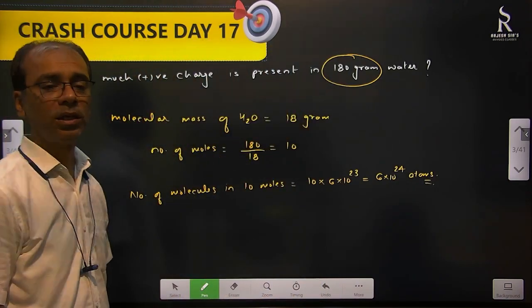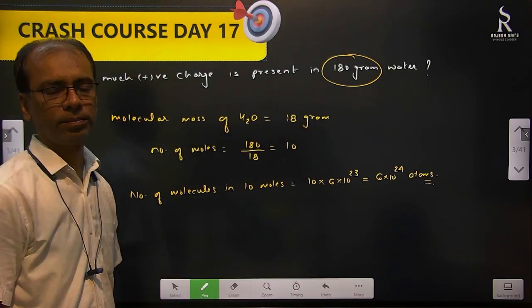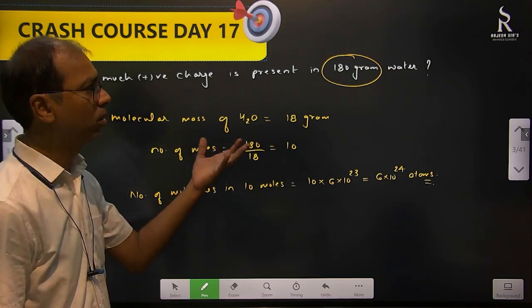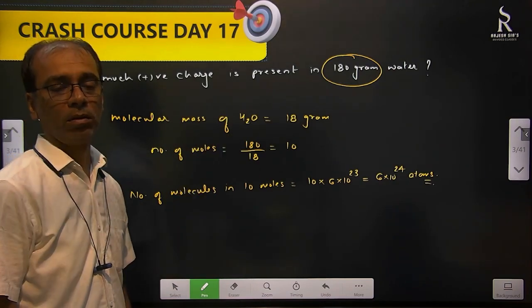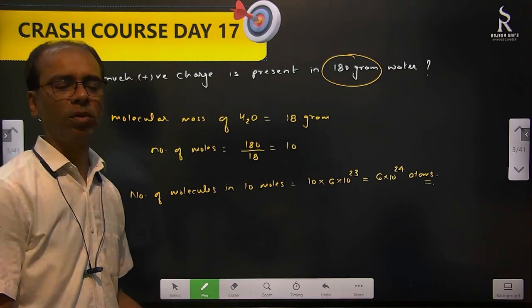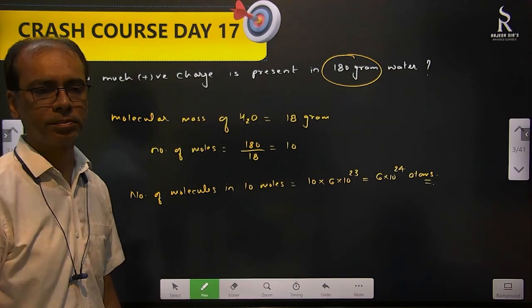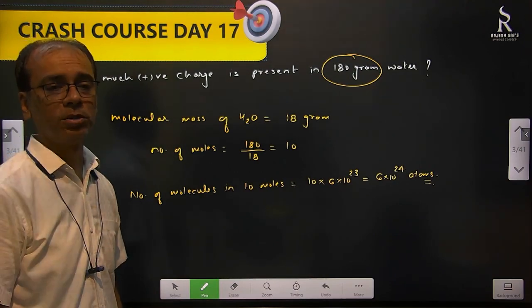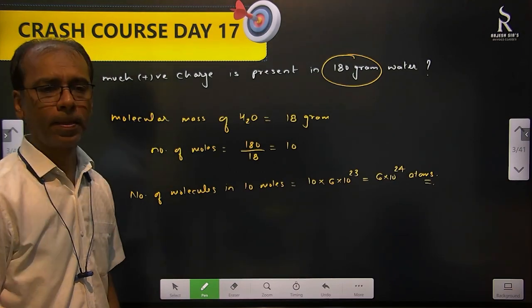Now, what is the atomic number of a water molecule? How many electrons, or how many protons, are there in each molecule? I think 18 only.